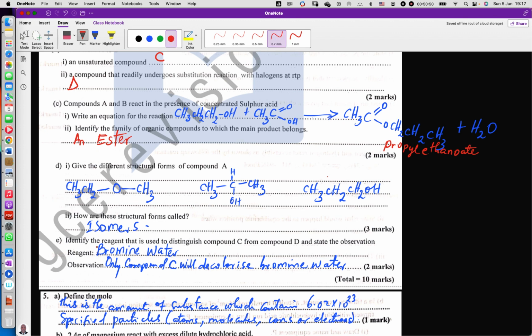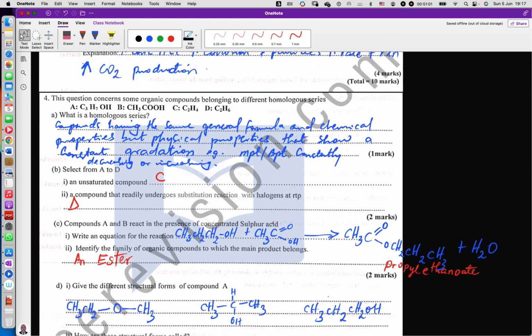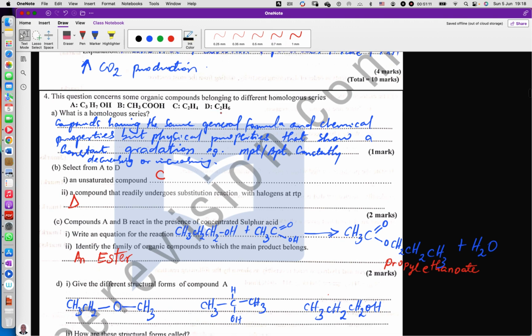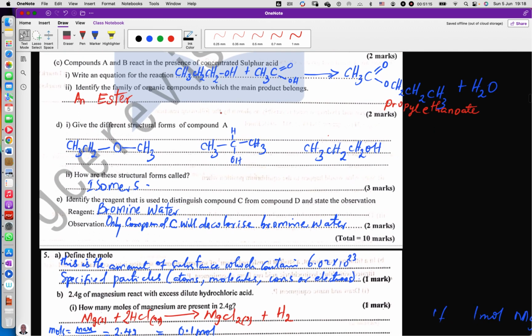Identify the reagent that is used to distinguish between compound C and compound D. C is unsaturated, that is an alkene, ethene, and D is ethane, an alkane. The reagent we can use is bromine water.